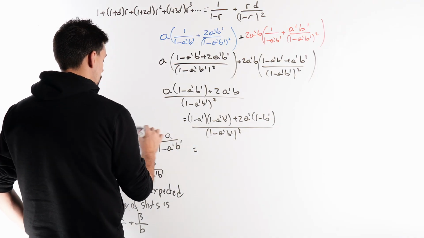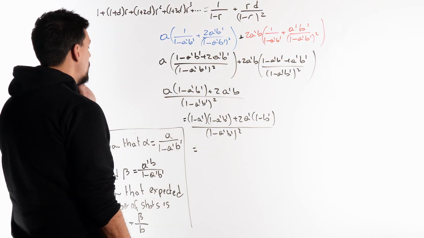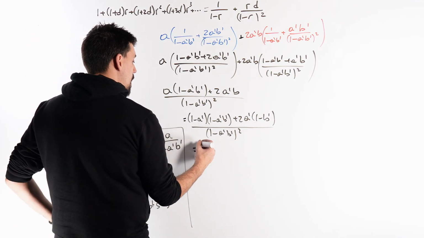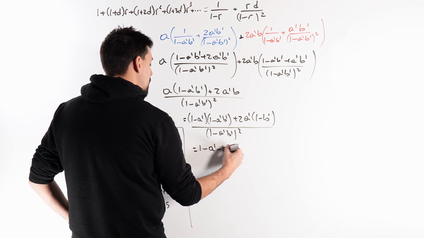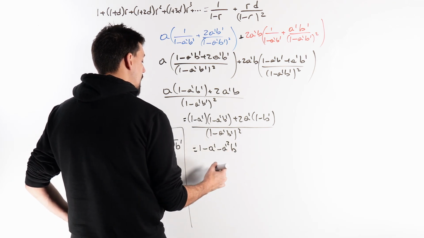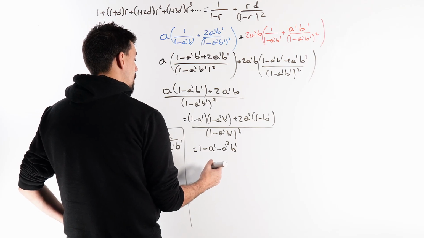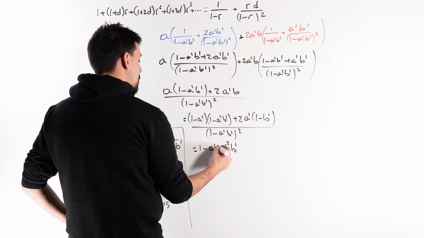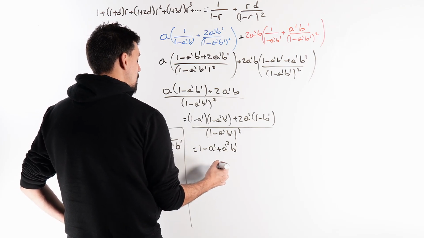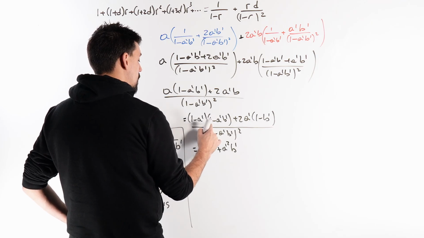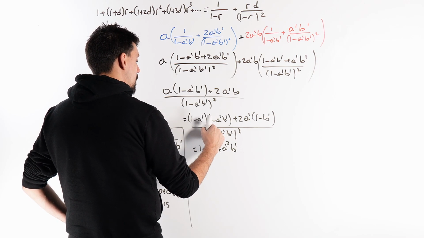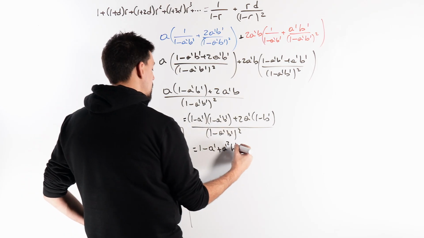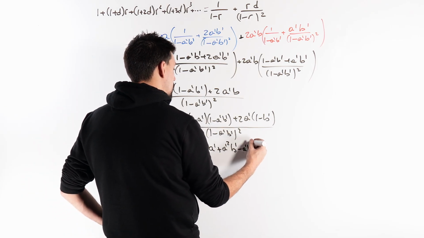Come on, we can do this. So what am I left with? I'm left with 1 minus a dashed minus a dash squared b dashed. No, plus a dash squared b dashed minus a dash b dash.